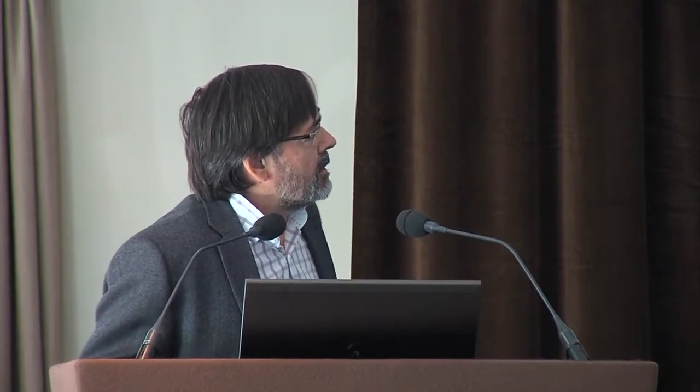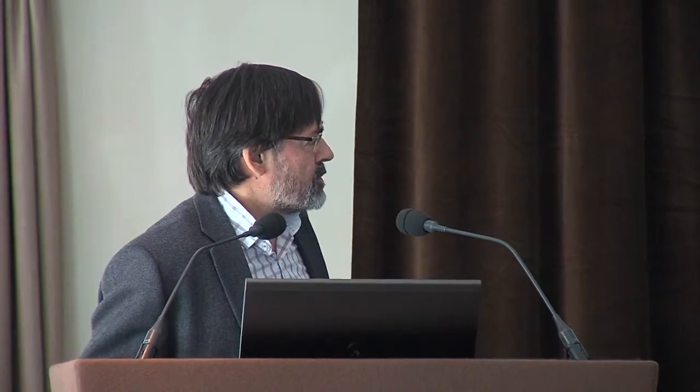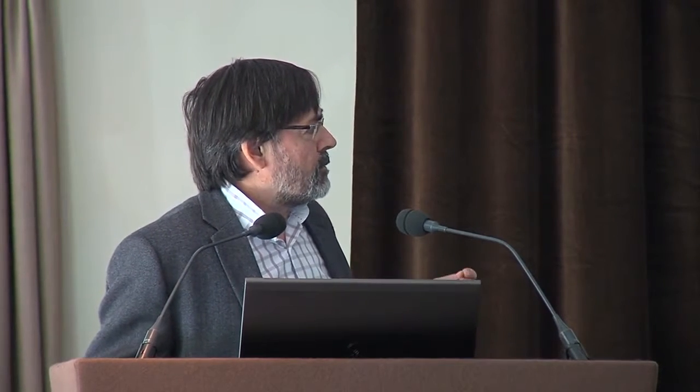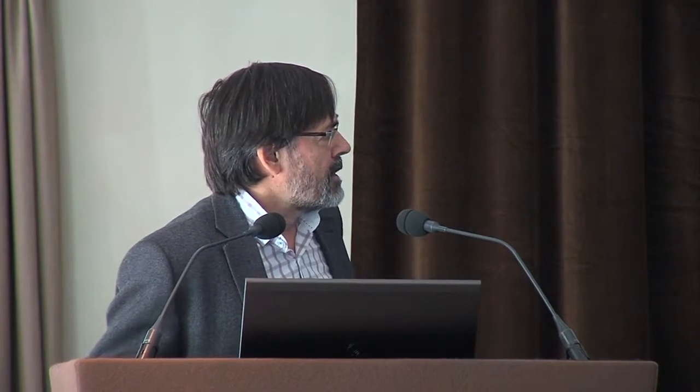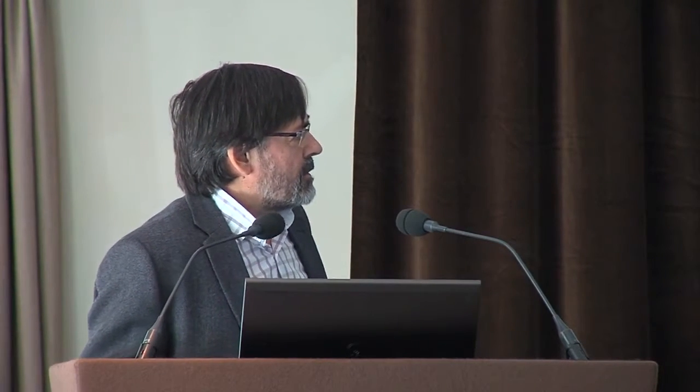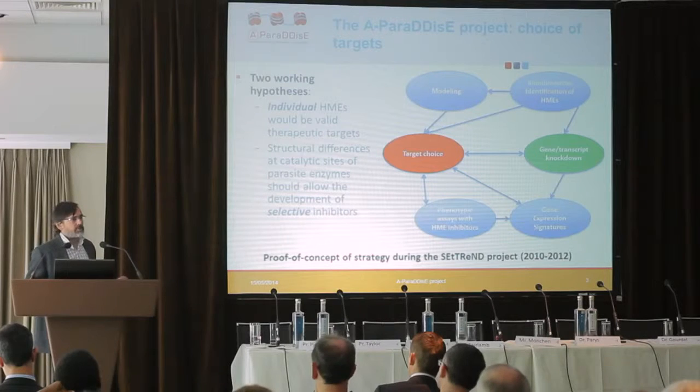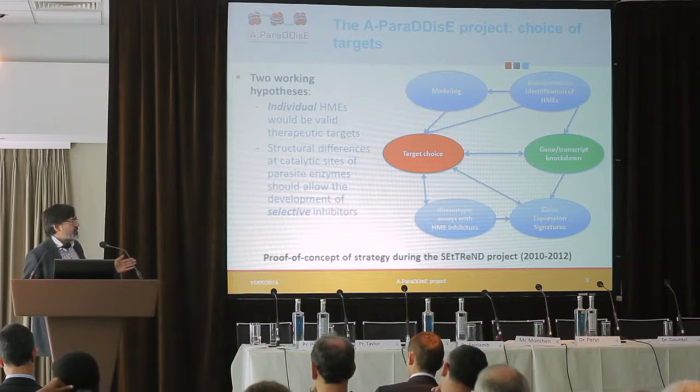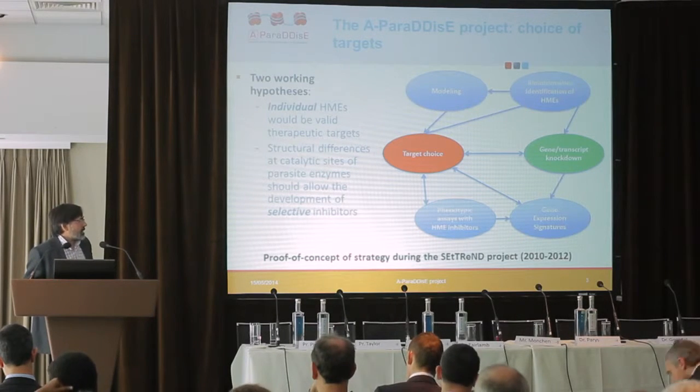What I'm going to do now is to show you some results we got in a previous project. The A-ParaDDisE project started in February this year. Our previous project was called SetTrend, which focused only on schistosomes, and was funded from 2010 to the end of 2012. And so I'll give you an illustration of the approach we intend to use, in which we are continuing for the schistosome targets in the A-ParaDDisE project.